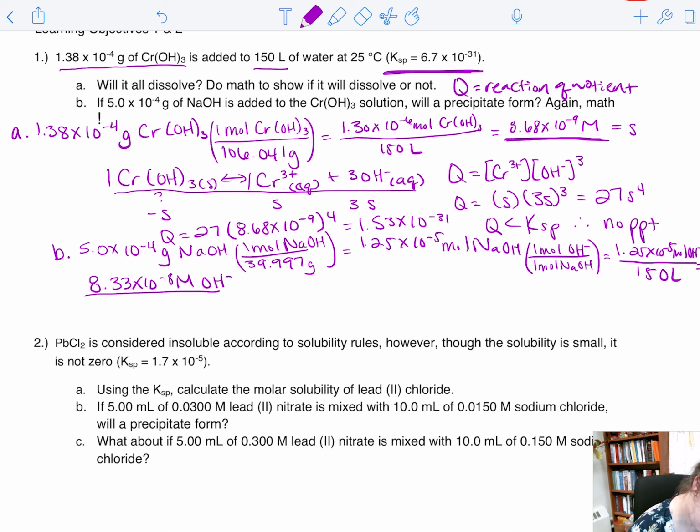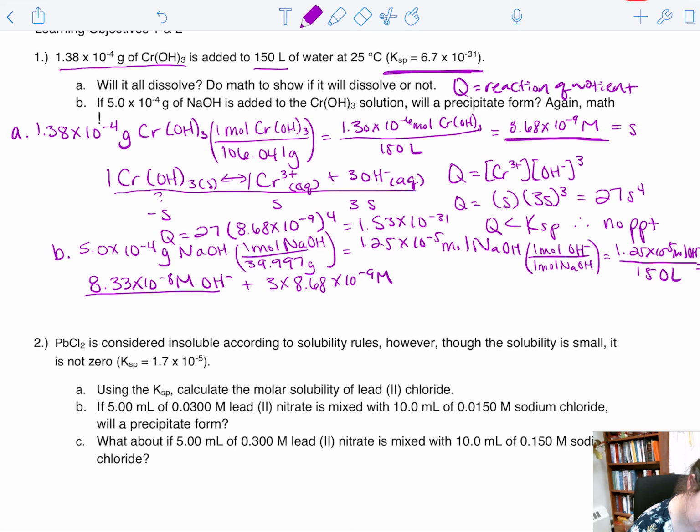So our hydroxide concentration, we're going to take this 8.33 times 10 to the negative 8 molar, add that to 3 times 8.68 times 10 to the negative 9 molar.